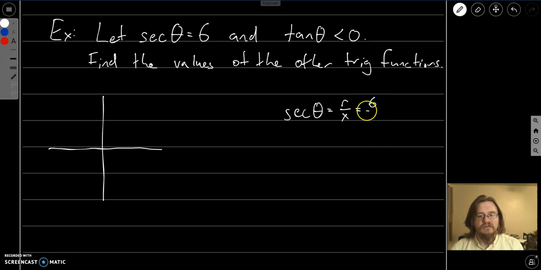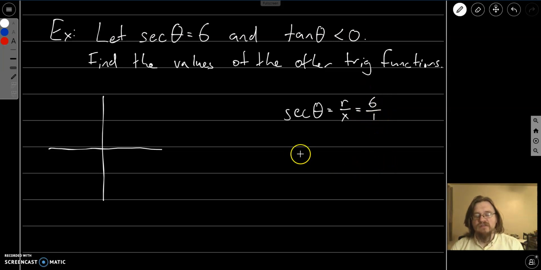So we could have 6 over 1. For instance, r, we always need r to be positive, so it's going to be 6, and x can either be positive or negative, but in this case, this will have to be positive.